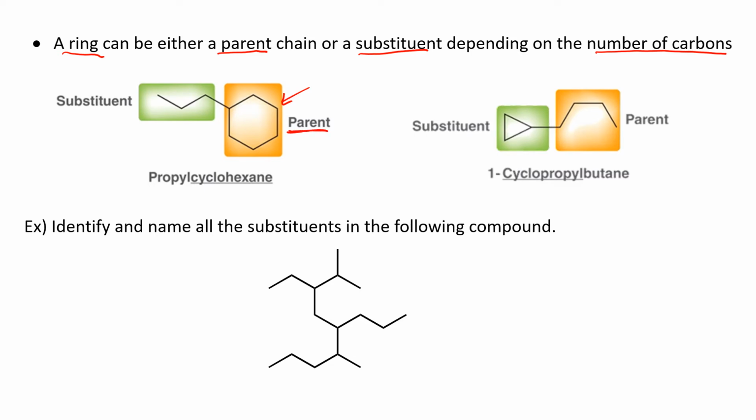However, if the longest consecutive chain is outside of the ring, then that chain is the parent and the ring is the substituent. So when a ring is a substituent, in this case we have a 1, 2, 3 carbon ring. It would be a cyclopropyl substituent. Remember, for all alkyl groups we had the YL. And our parent was butane because we have 1, 2, 3, 4 carbons in the longest consecutive chain.